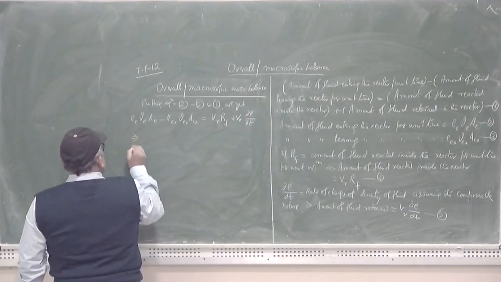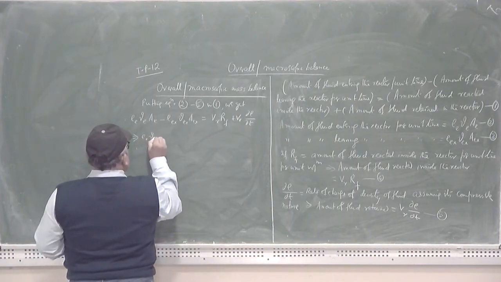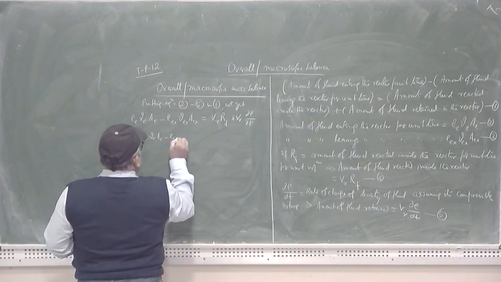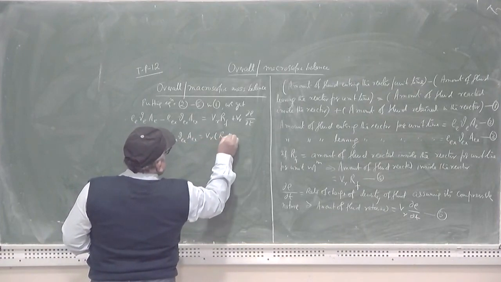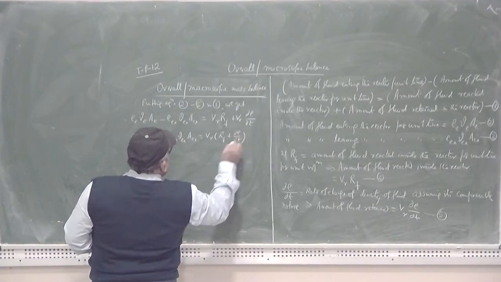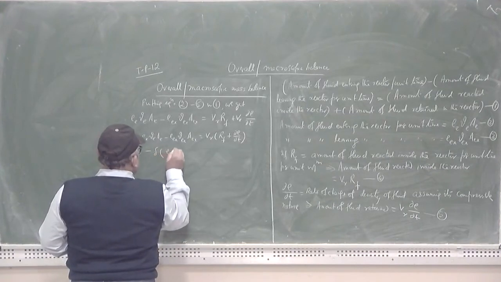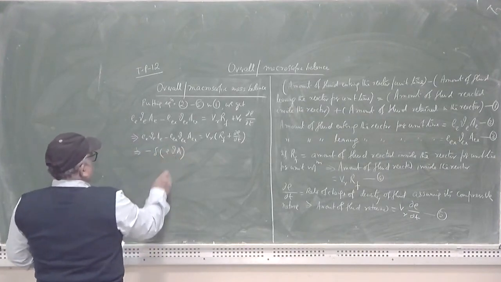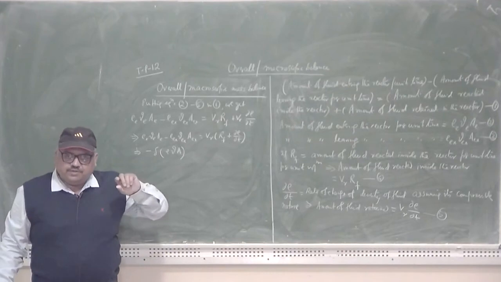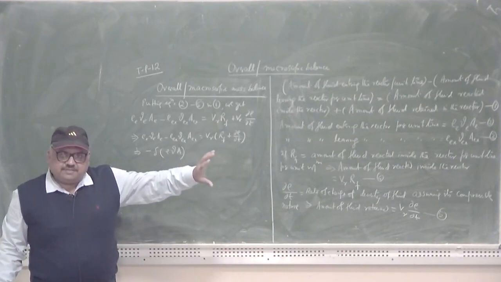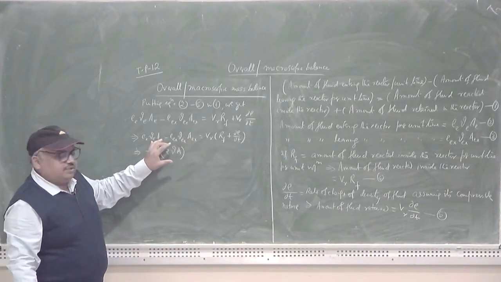Or you can write it as minus delta into rho V A, because if the fluid is flowing from the entry to the exit point, this quantity is more as compared to that quantity.